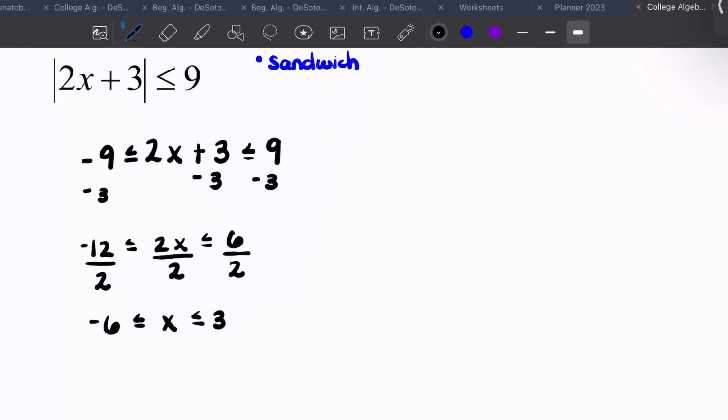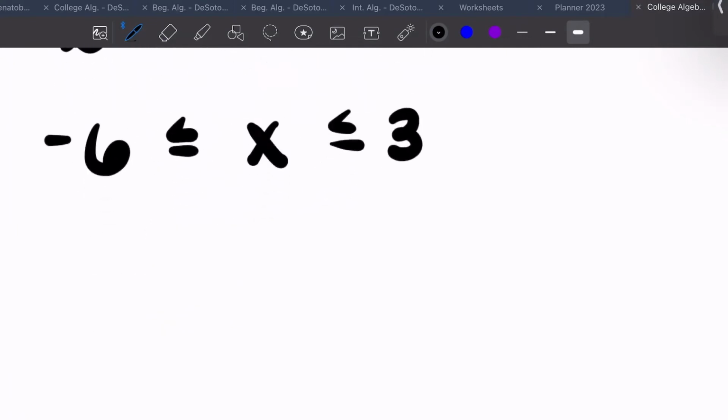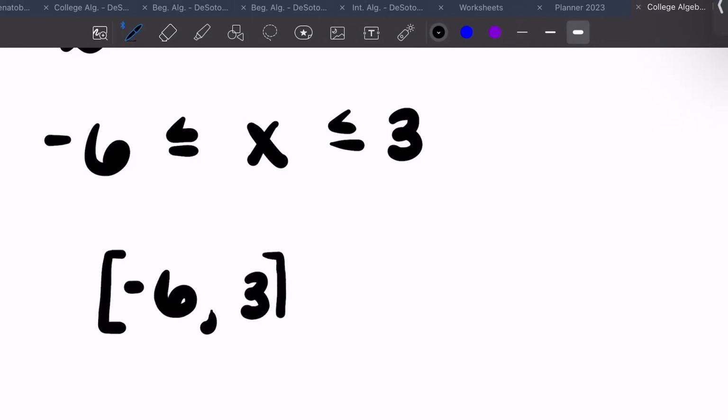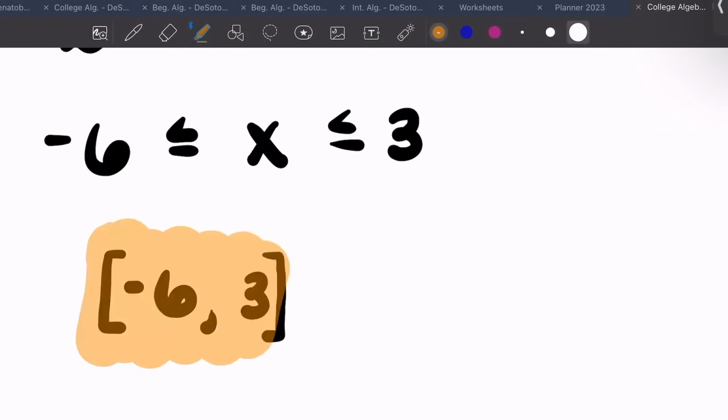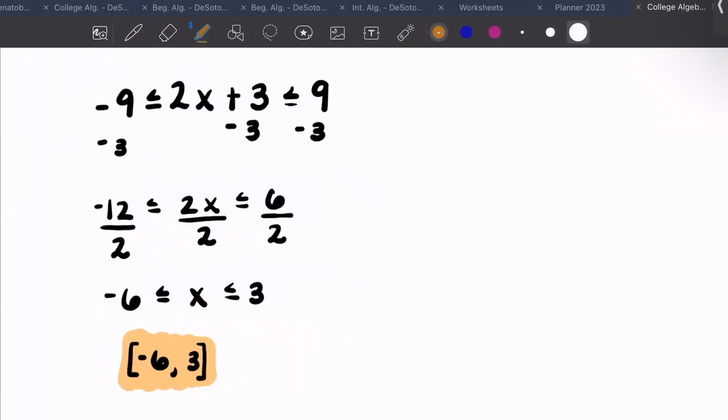Remember that the sandwiches are easier to put in interval notation because this means that x is in between the values of negative 6 and 3. Okay. So our interval notation is negative 6 comma 3. Both of them will have brackets on the ends.